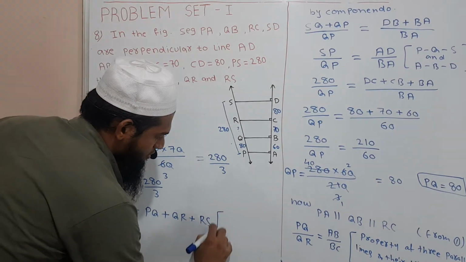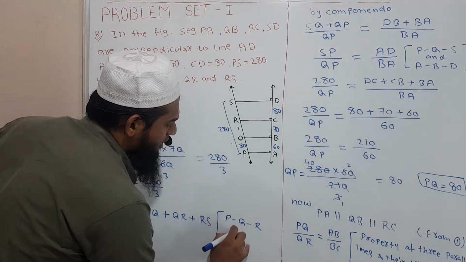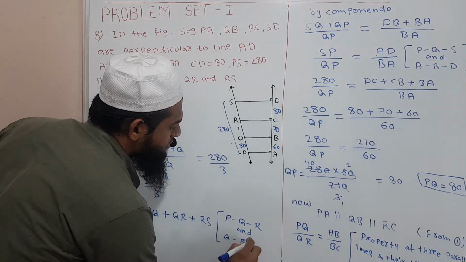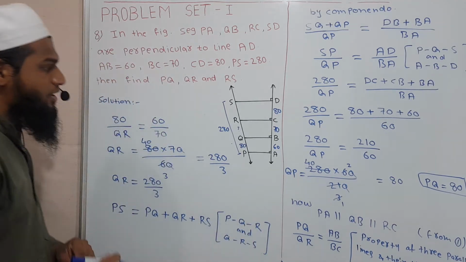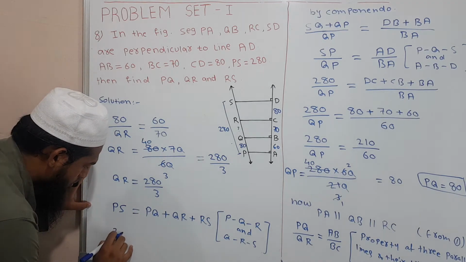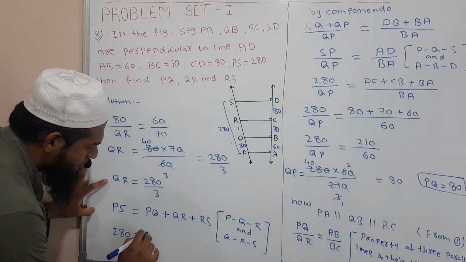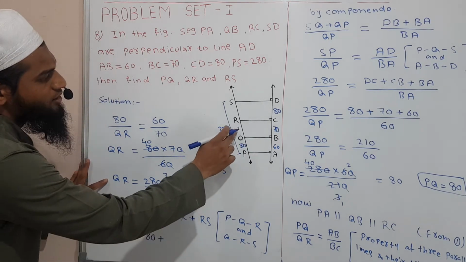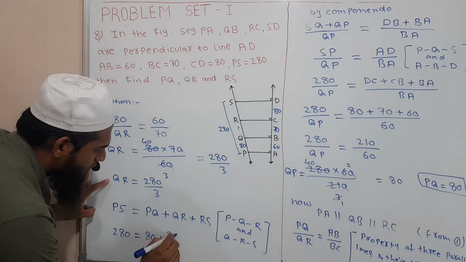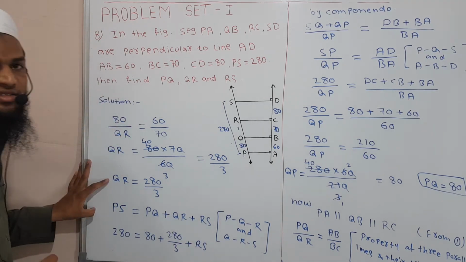The reason is that P-Q-R and Q-R-S are collinear. We know the value of PS is 280. So 280 is equal to the value of PQ 80 plus QR, and the value of QR is 280 upon 3, and we have to find the value of RS.